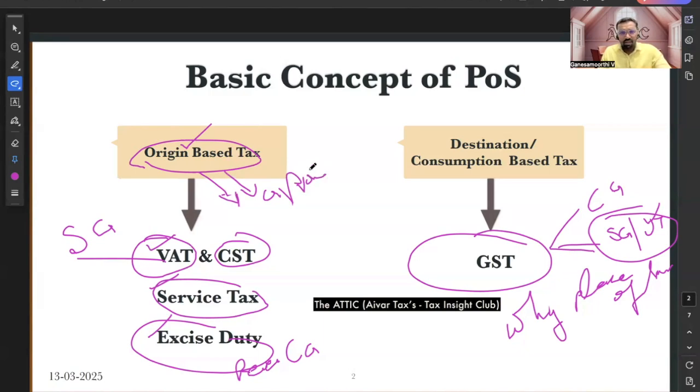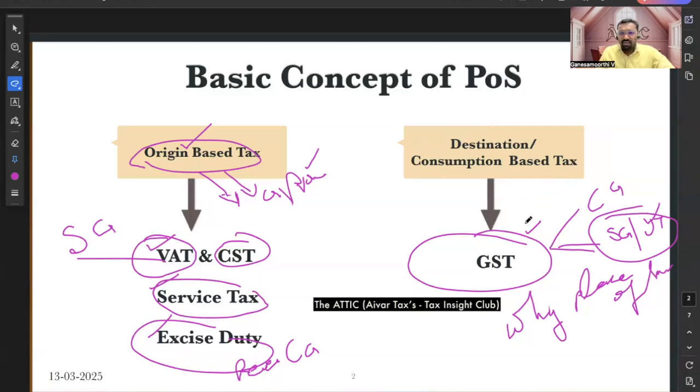In the pre-GST regime, there was no clash between the state government and the central government. State collected VAT and other taxes. Central government collected service tax, excise duty and so on. But in GST, all are clubbed into one tax, which is the revenue of both the central government and the state government.